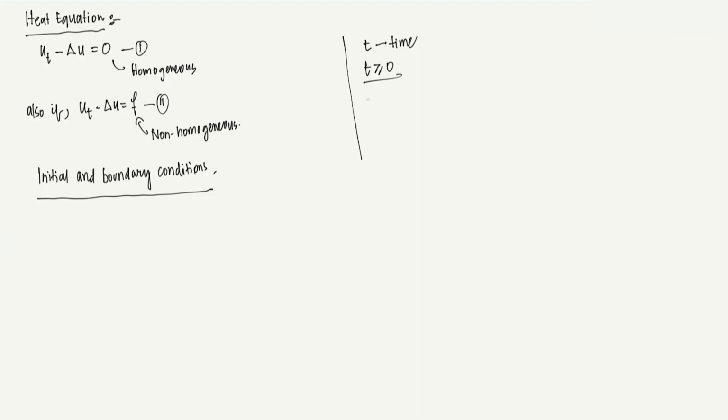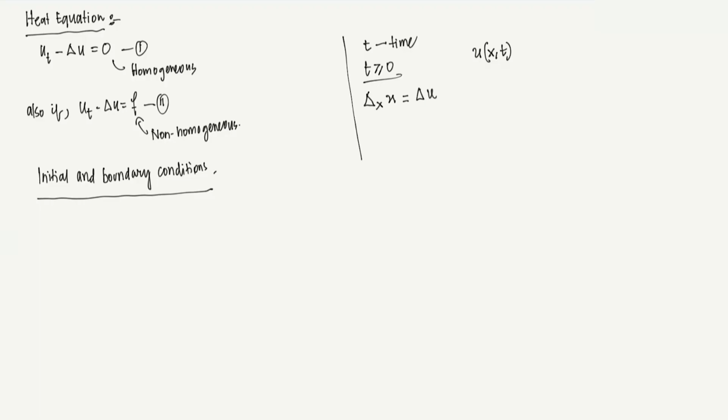Now, the Laplacian of u, what does that mean? In this case, the Laplacian is with respect to the x variable. u is a function of x and t, and the Laplacian of u in x we write as Laplacian of u.